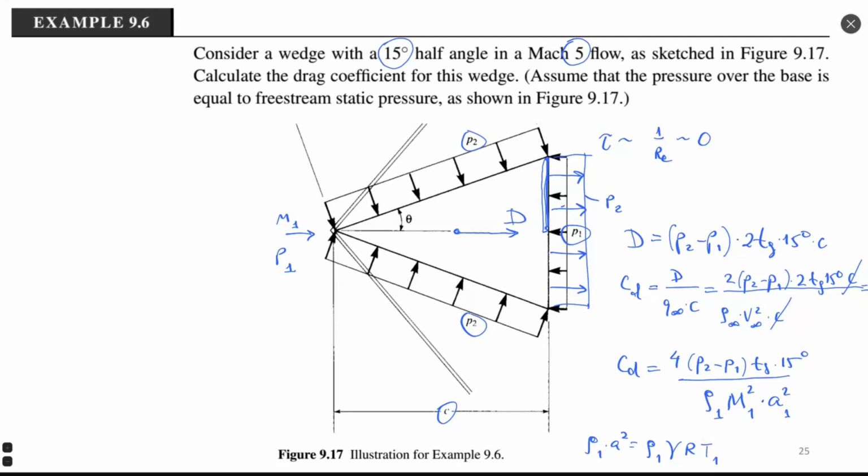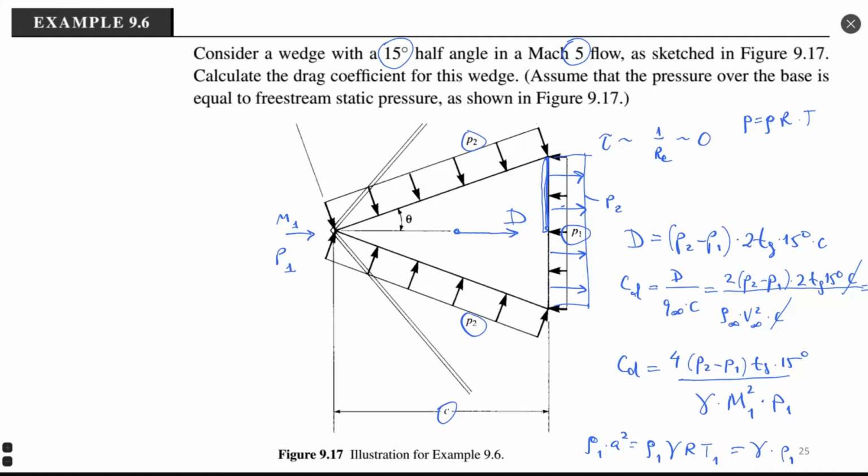Yeah, it's pressure, right? Because due to the equation of state, pressure is density multiplied by gas constant multiplied by temperature. So this is the same as gamma multiplied by pressure 1. I will remove density 1 and a squared, and I will put gamma here and pressure 1 here.